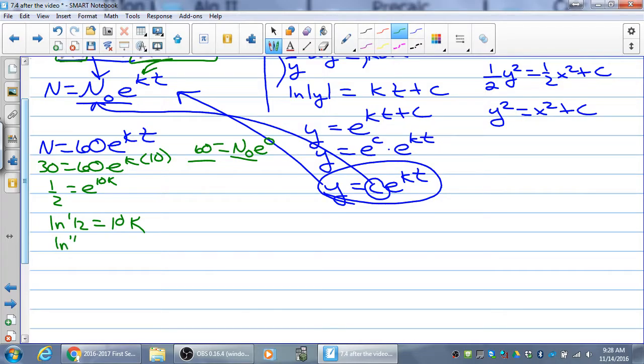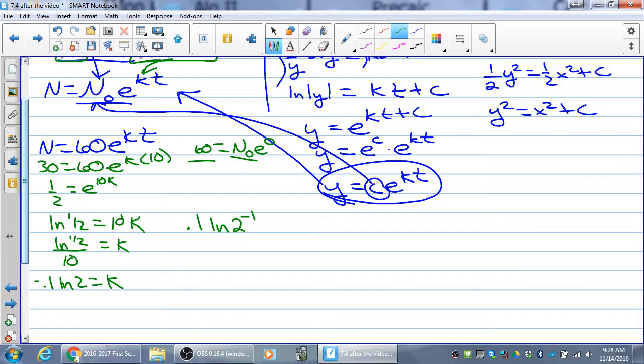Natural log of 1/2 divided by 10. Now what they'll probably do is write this as 1/10, 0.1, negative natural log of 2. That's probably what they'd have the k as. So now where do we get that? First of all, 1 over 10 is the 0.1. So you have 0.1 natural log of 2 to the negative 1.